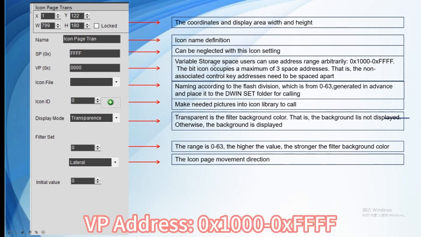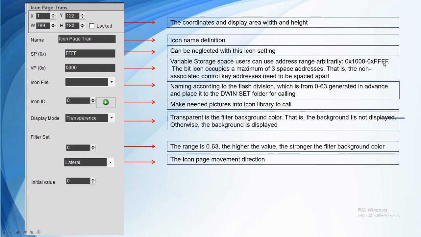VP address, variable storage space. Users can use address range arbitrarily, 0x1000 to 0xFFFF. The bit icon occupies a maximum of 3 space addresses. That is, the non-associated control key addresses need to be spaced apart.